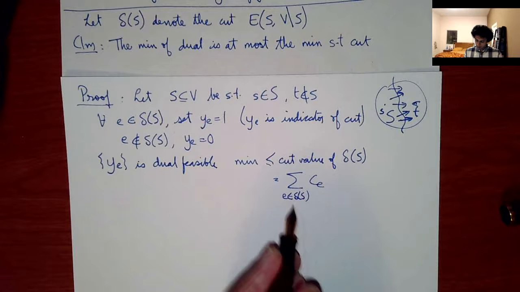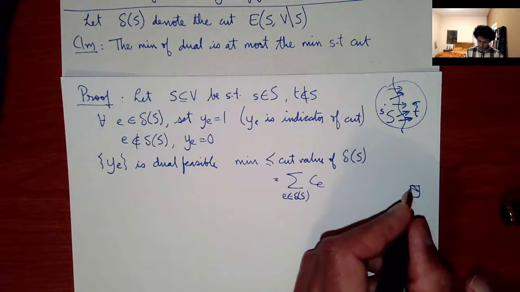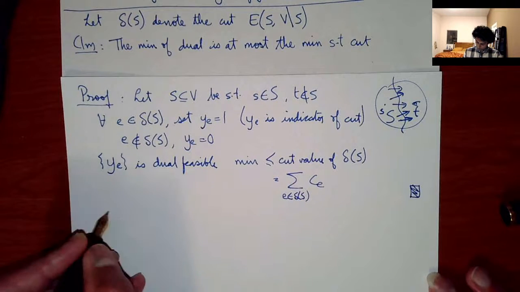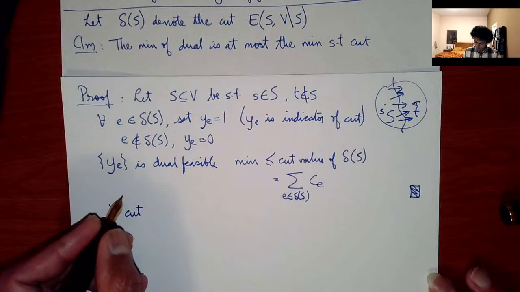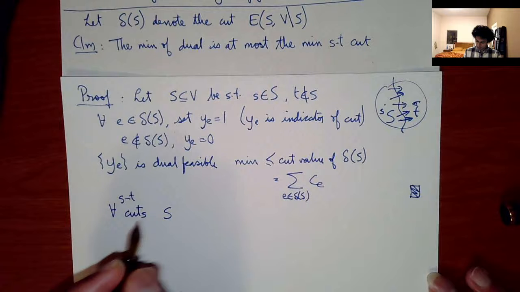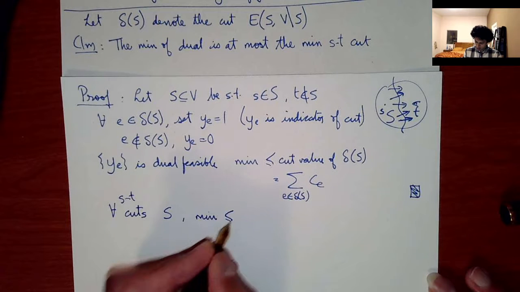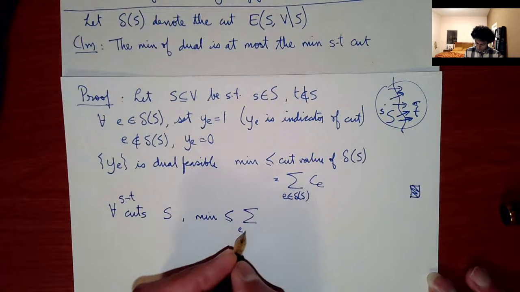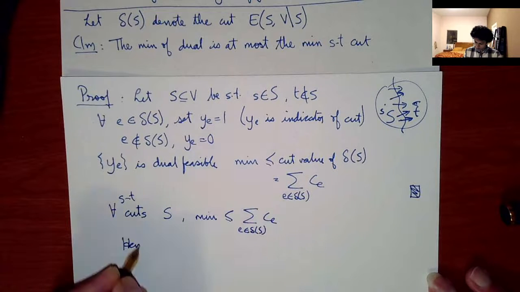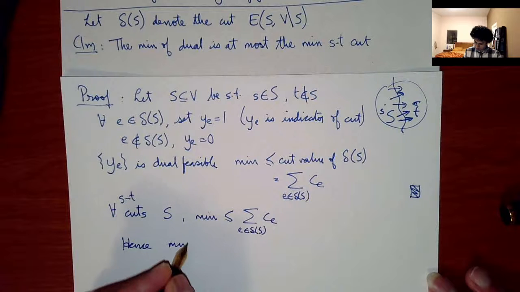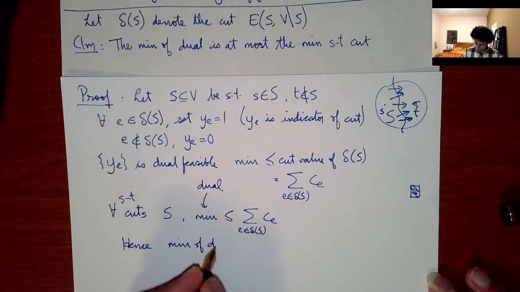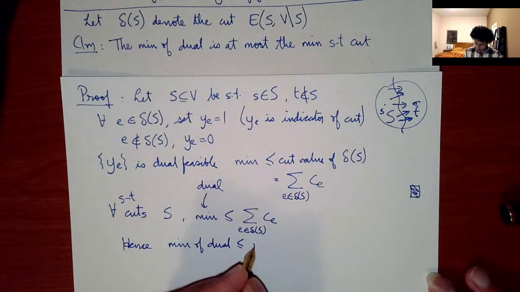I'm just sketching this proof. And so therefore, for all S-T cuts S, the min is at most the summation over e in delta S of the cut value, and hence the min, by which I mean the dual min, the min of the dual, is at most the min cut.